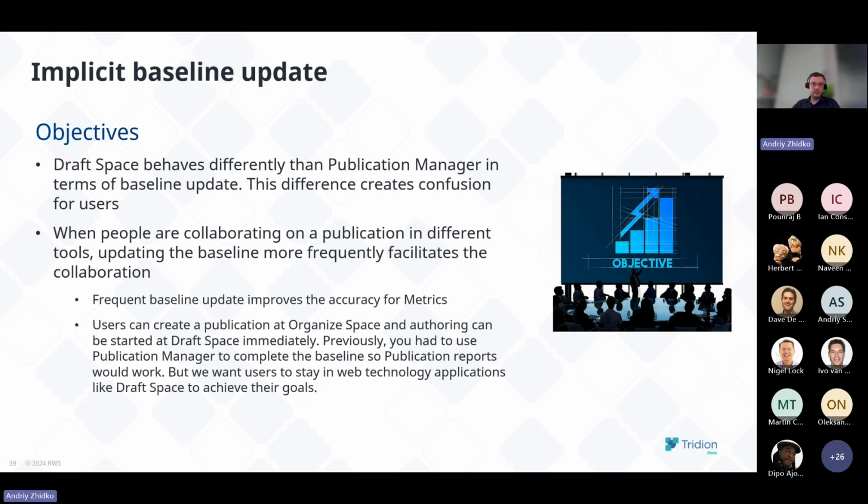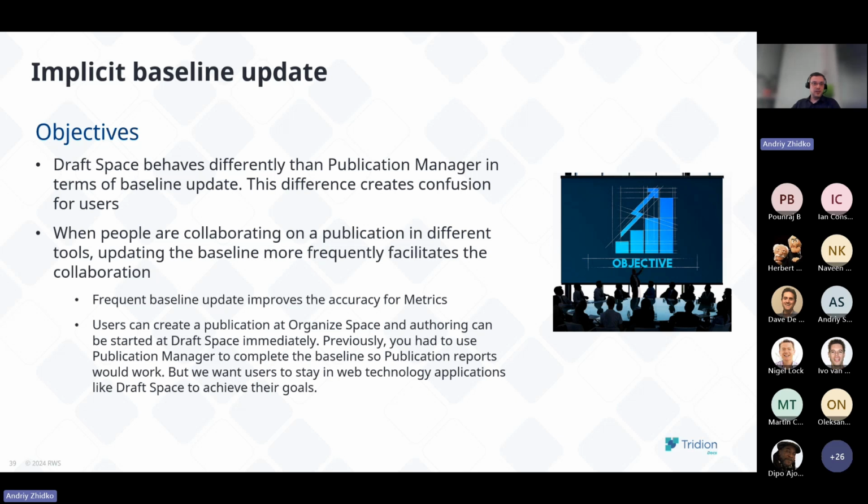Also, frequent baseline updates improve the accuracy of the metrics feature, because the more frequently you update the synchronized data between content manager and the metrics feature, the more accurate metrics reports you have.